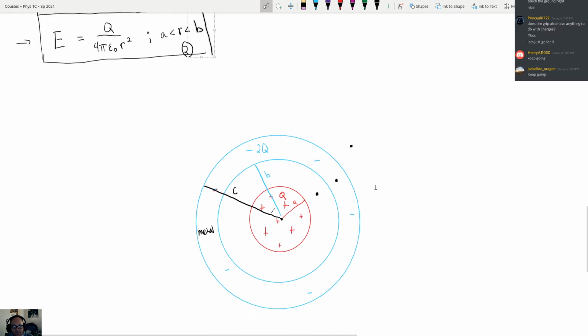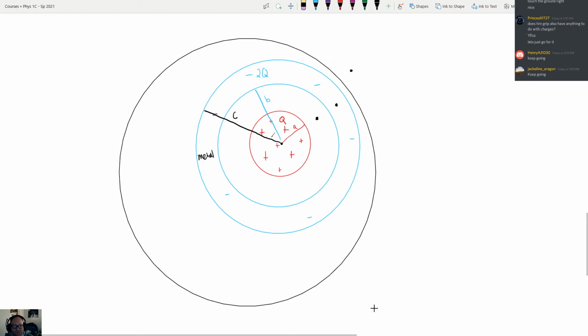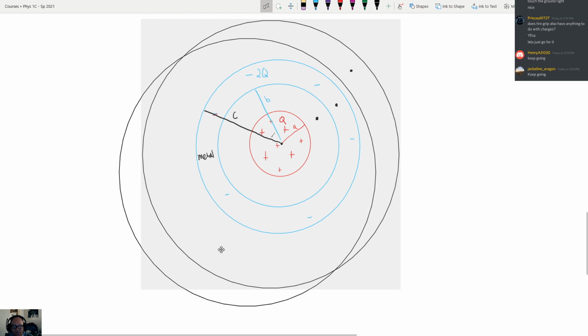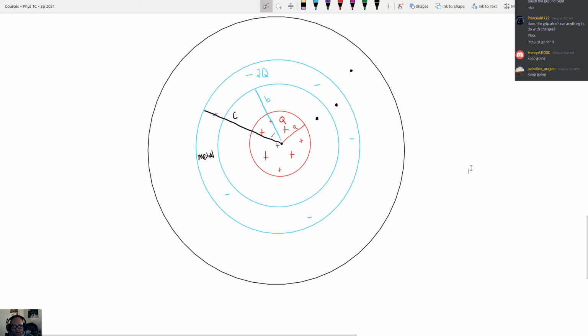All right. So now what we want to do is get this outer region right here. In order to do that, I need to draw a new Gaussian surface. This Gaussian surface needs to enclose everything. Like that right there. Seems fine. And again, we need to draw some electric field lines. If you think about what's going on here, you have a negative 2q right here, and a positive q right here.